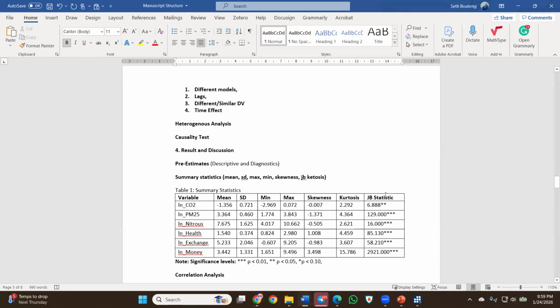But the JB test is used to test the distribution of the data. Is it normal or is it not normal? And if it is normal, it can prompt you to adopt a model that follows normal distribution. And if it is not normal, we have models that deal with that.